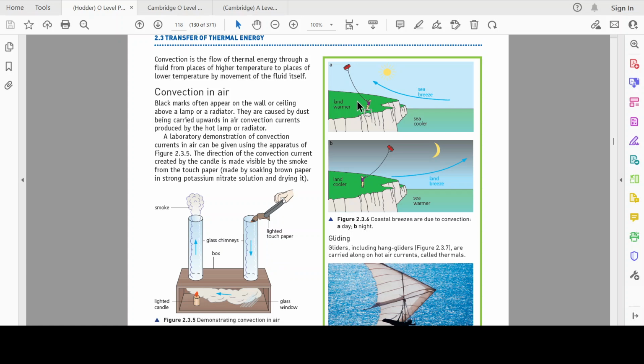Because during the day, as we talked about specific heat capacity, the specific heat capacity of soil is lower than water, and so the land heats up more quickly during the day than water, and the air blows towards the land, whereas during the night the sea is warmer because it's been heating up all day, and the land has become cool because it has lost heat quickly, and so the wind blows from the land towards the sea.